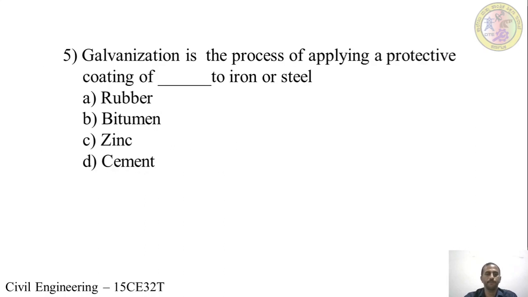Question number 5. Galvanization is the process of applying a protective coating of dash to iron or steel. A. Rubber, B. Bitumen, C. Zinc or D. Cement. The answer is zinc. We apply a protective coat of zinc on iron or steel. This process is known as galvanization.